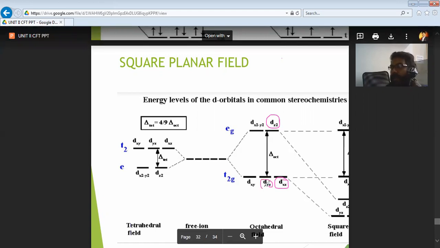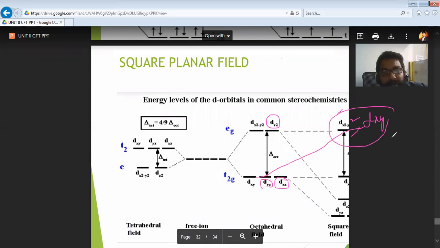These are getting lower energy. The remaining dx square minus y square is higher energy, and dxy is also at the upper level. These are more repulsive, so they settle in a higher energy state.